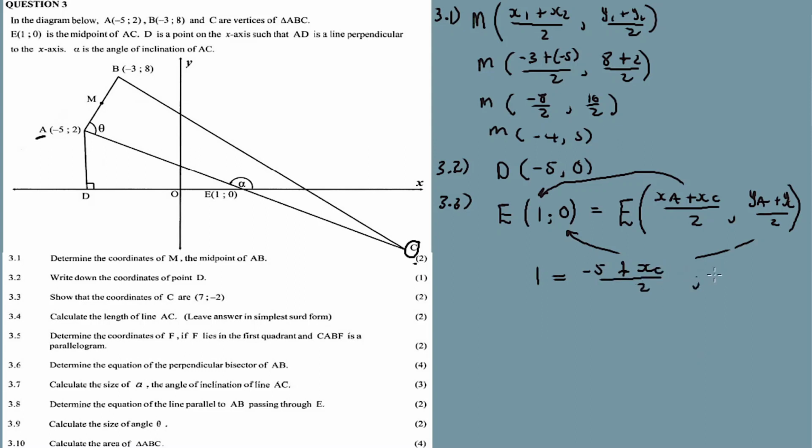Then we go back to y: 0 is equal to YA, which is 2, plus YC, which is unknown, divided by 2.